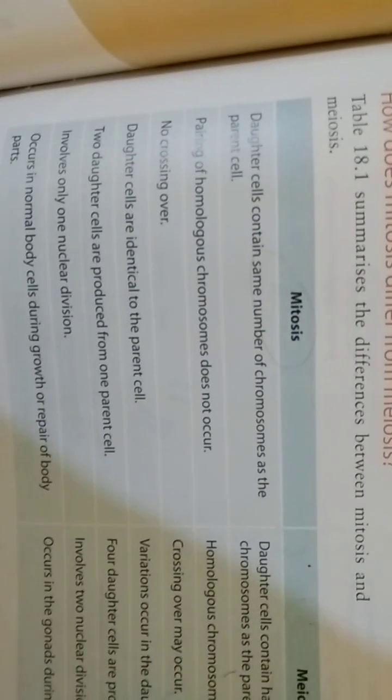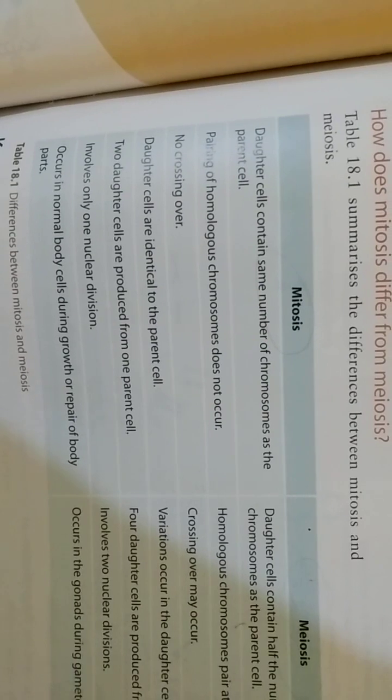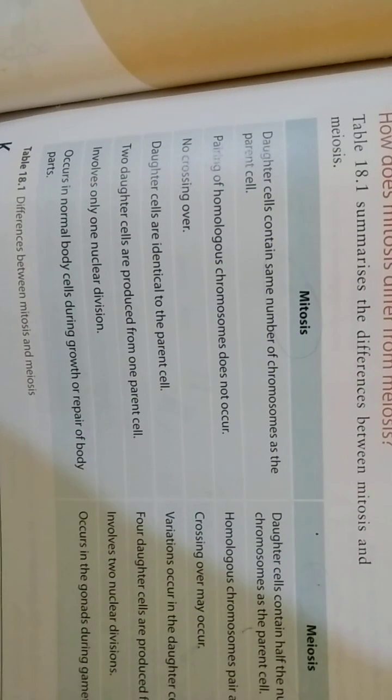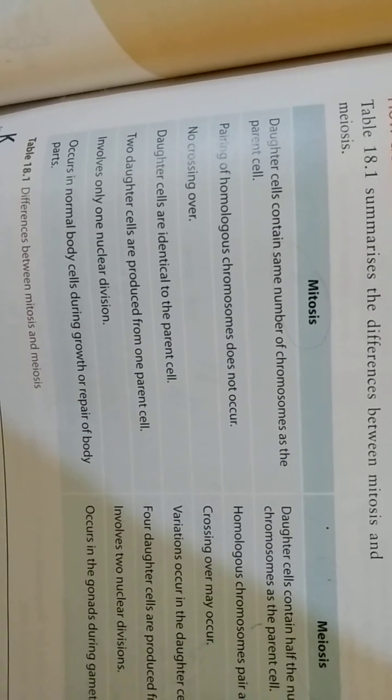The third difference is that in mitosis crossing over does not occur, but in meiosis crossing over occurs. Crossing over is necessary because the exchange of genetic material occurs between chromosomes, so that harmful genes are removed and suitable favorable genes pass to our next generation.